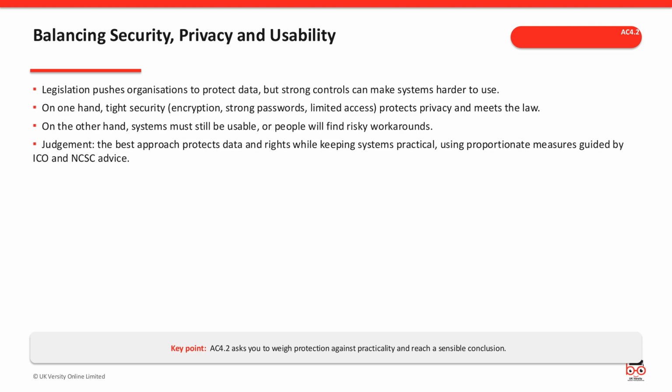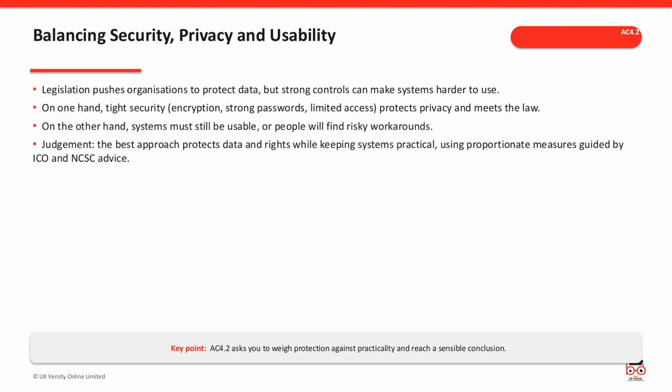The law pushes organizations to protect data, but very strong controls can make a system awkward to use. On one hand, tight security, encryption, strong passwords, and limited access protects privacy and satisfies the law. On the other, if a system is too much of a struggle, people invent risky workarounds that undermine the whole thing.